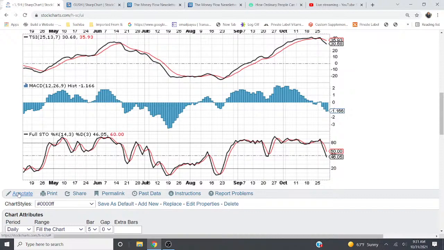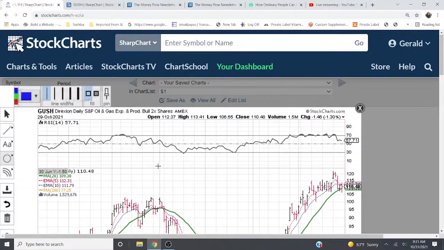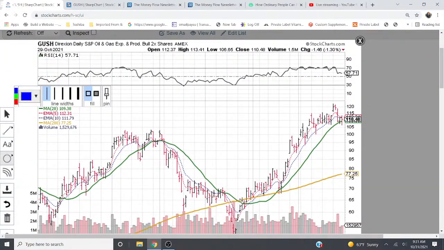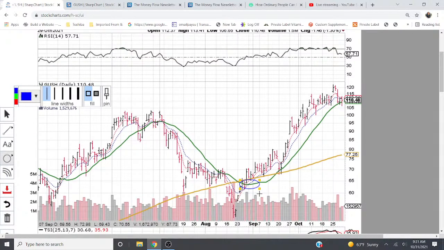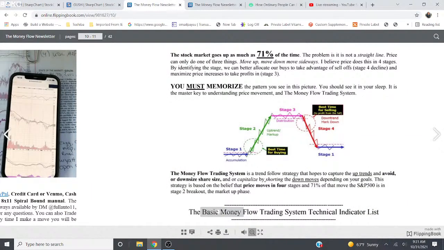If price is above this green line, this is a 20-day simple moving average, if price is above it, that's bullish. Okay? Just a general term, it's bullish. And if it's bullish, then I'm assuming we're moving into a stage 2. Now, not just that one thing, but that's one thing that we're looking at, okay?